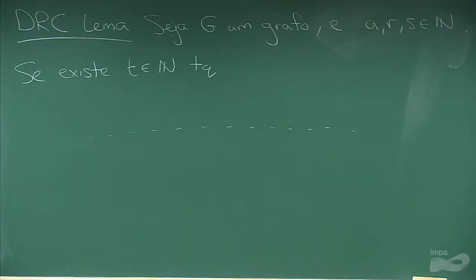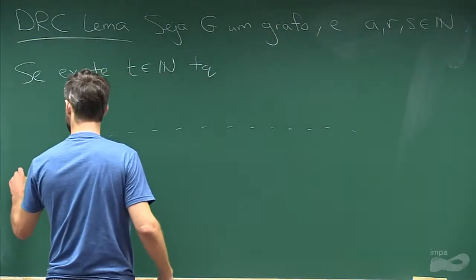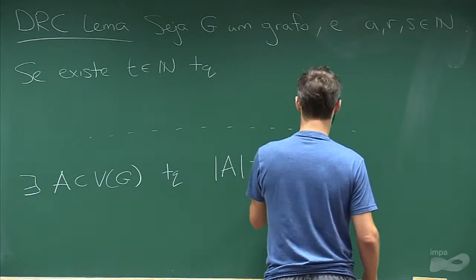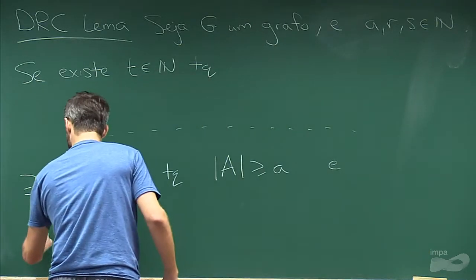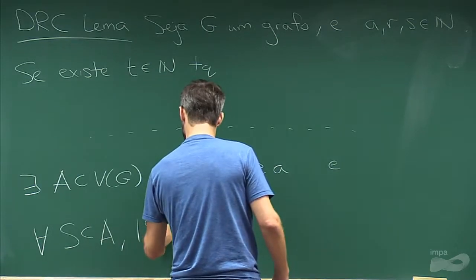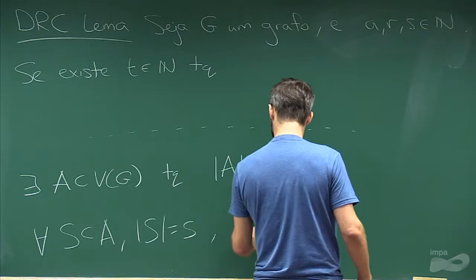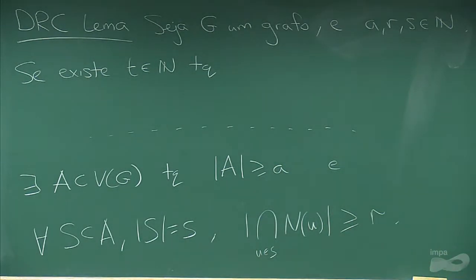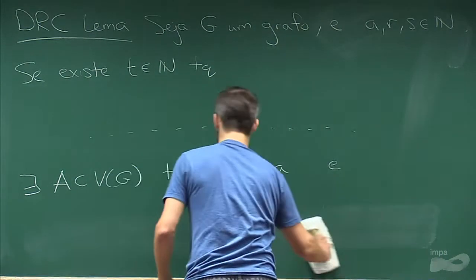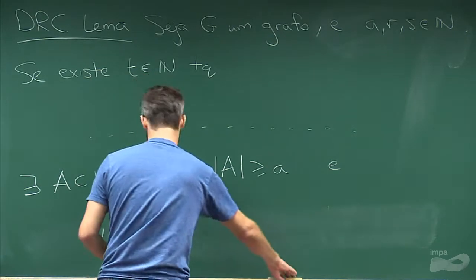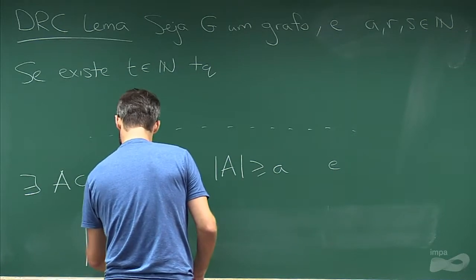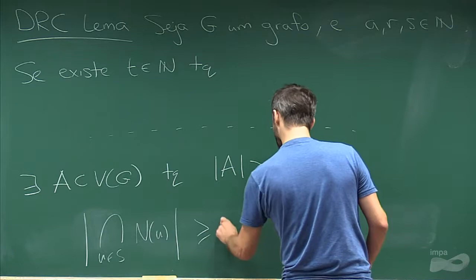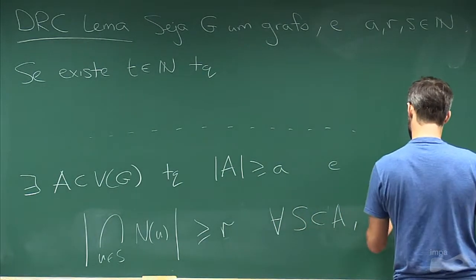So under some condition that is going to involve some t, there exists a subset A of the vertices such that A has at least a elements, and for all subsets S of A of size s, the intersection of the neighborhoods of u, for u in S, has size at least r.